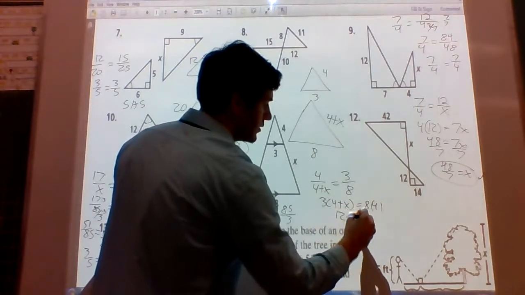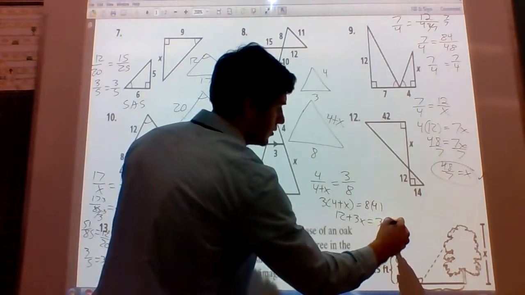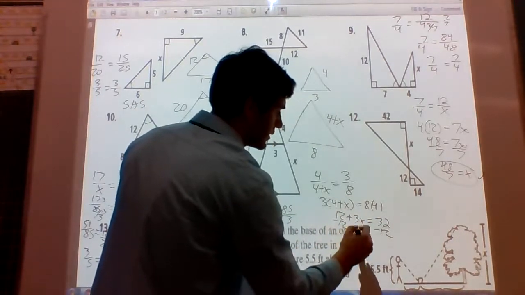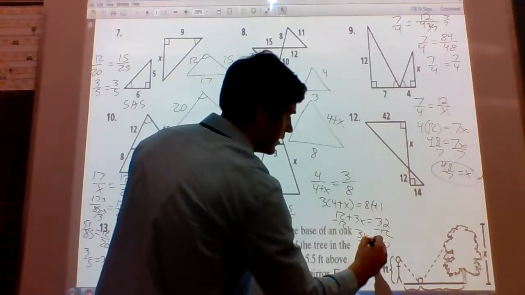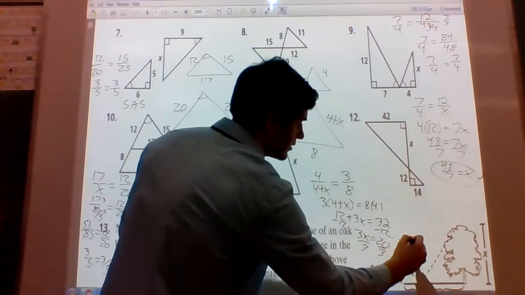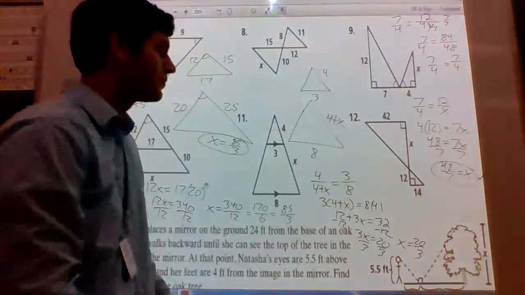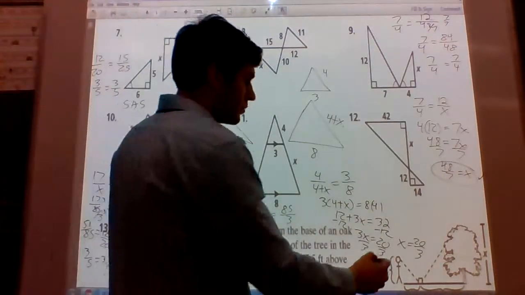That's going to be 12 plus 3x equals 32. Subtract 12. 3x equals 20. Divide by 3. x is going to equal 20 over 3.